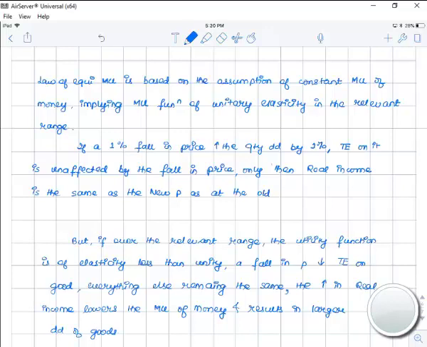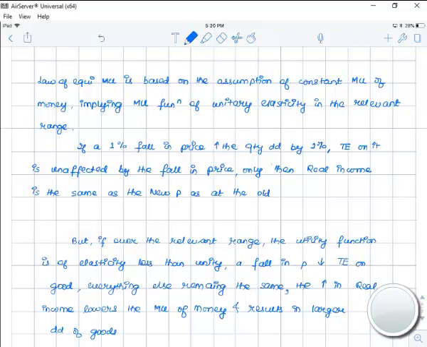Well, this also implies that the marginal utility function of the commodities is unitary elastic over the relevant range. What does it mean? In case these functions are unitary elastic, it means that when there is a 1% increase in the price of the commodity, the quantity demanded will fall by 1%.